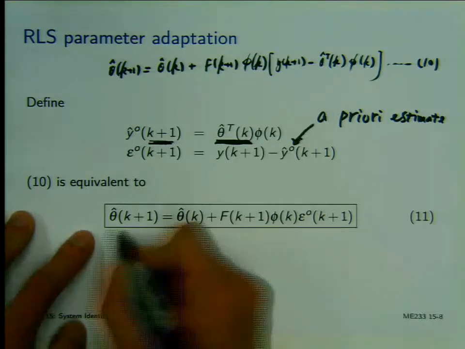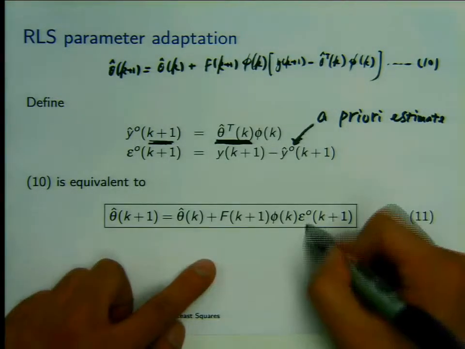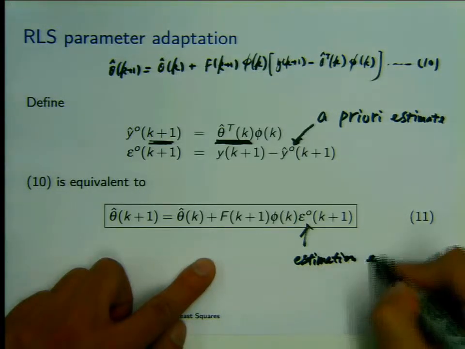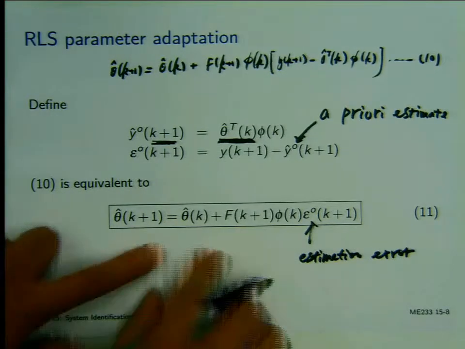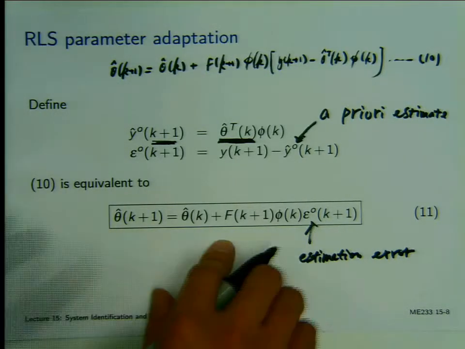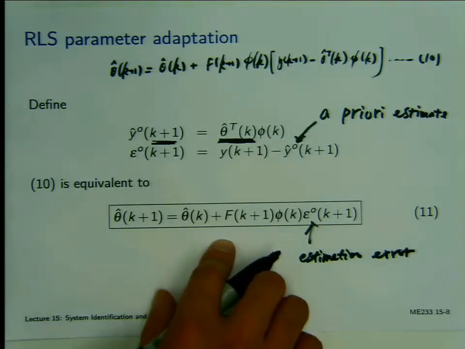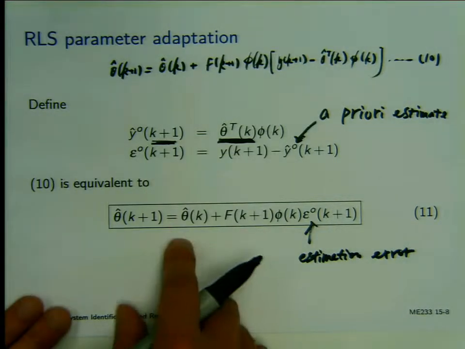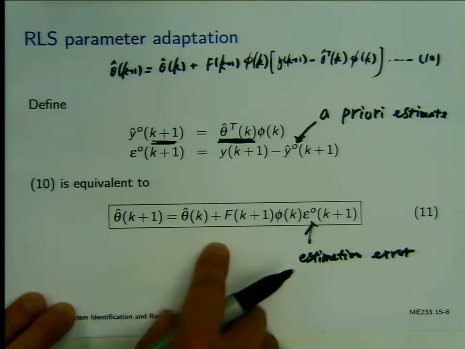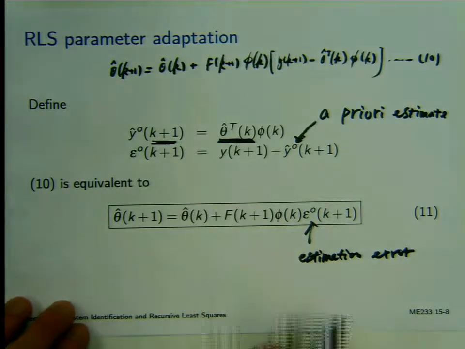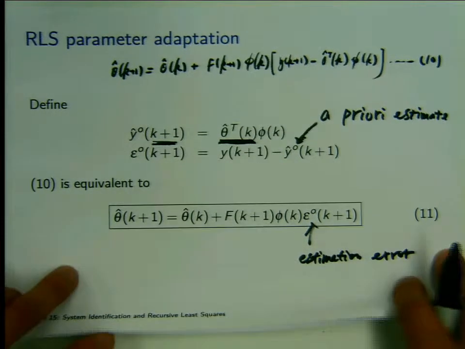Now, finally, this is what we have obtained. This is the estimation error. This is an error-based recursive formula. If you do it this way, you see, we won't have to solve a large matrix inversion problem here, but instead we are just iteratively improving our result over here.